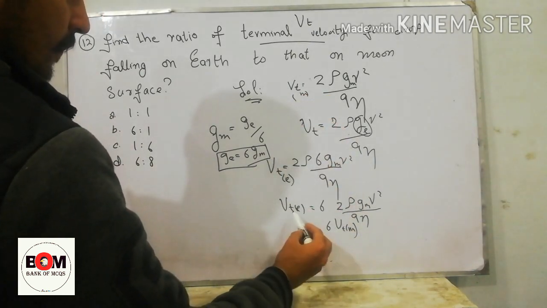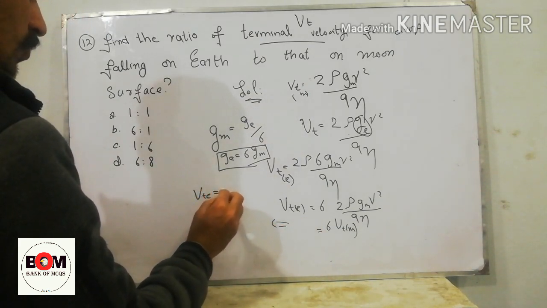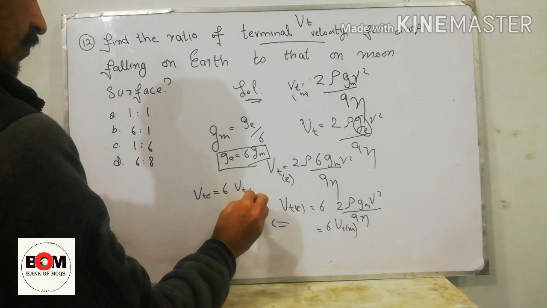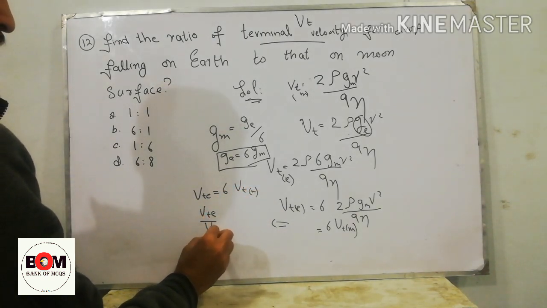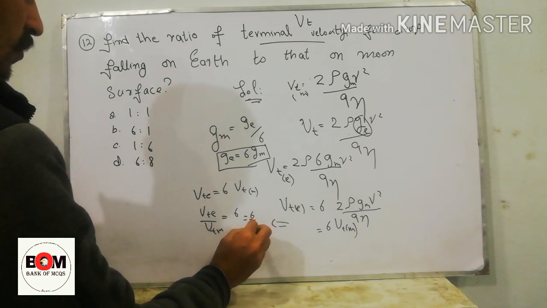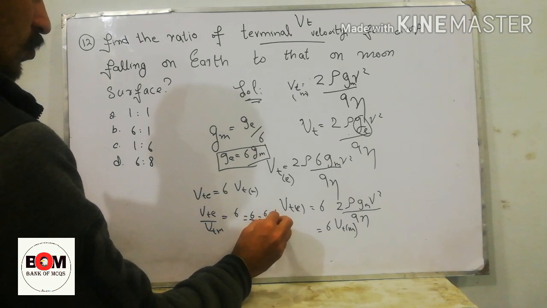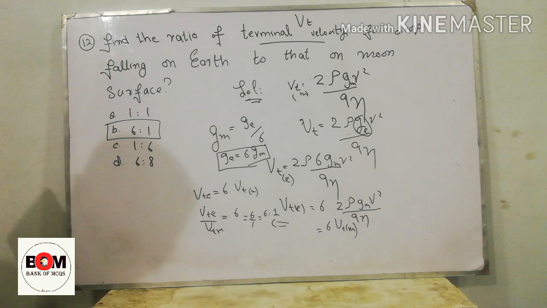So Vte is equal to 6 times the terminal velocity on the moon. So Vte divided by Vtm is equal to 6, that is 6 divided by 1, that is 6/1. So the answer is 6/1.